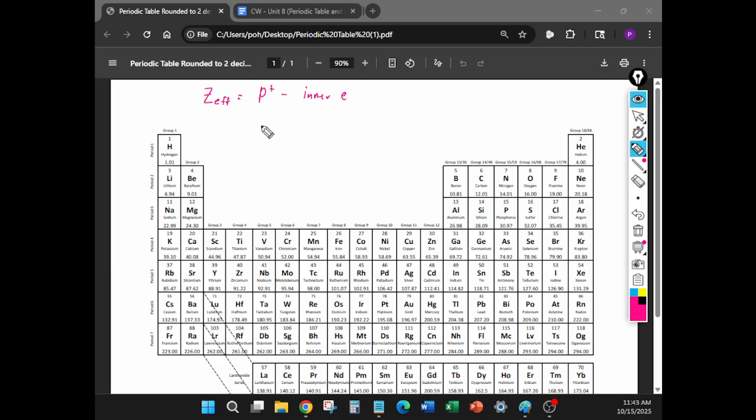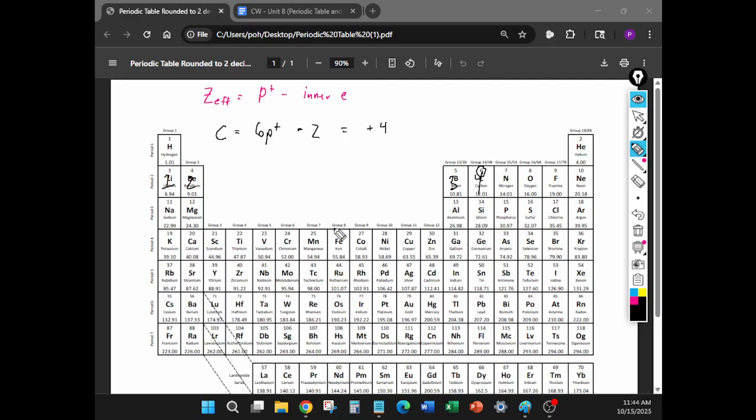We're going to look at the protons for carbon first. Carbon has 6 protons, because it's number 6. Then we need to figure out how many valence electrons it has. It has 4 valence electrons, which means we have 2 non-valence or inner electrons, so it'll be minus 2. 6 minus 2 is plus 4.